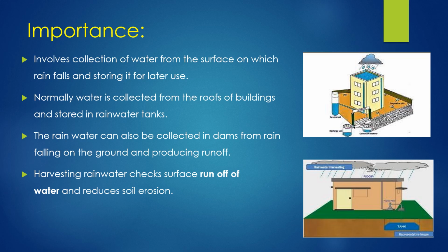Rainwater can also be collected in dams from rain falling on the ground produced by runoff. The last is that harvesting rainwater checks surface runoff water and reduces soil erosion.